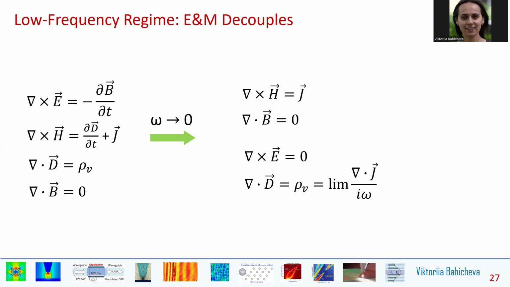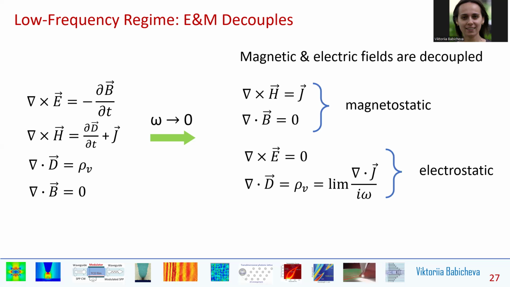It is also called a multi-resolution method, and it's very useful in problems related to multiple scales of behavior of electromagnetic structures. When dealing with statics, the magnetic field and electric field can be decoupled from each other, and in this regime the electromagnetic equations reduce to electrostatic and magnetostatic equations, and they're separate.